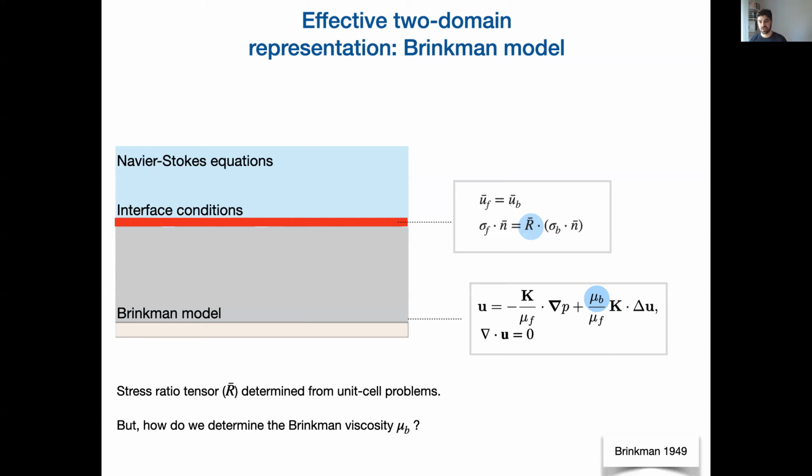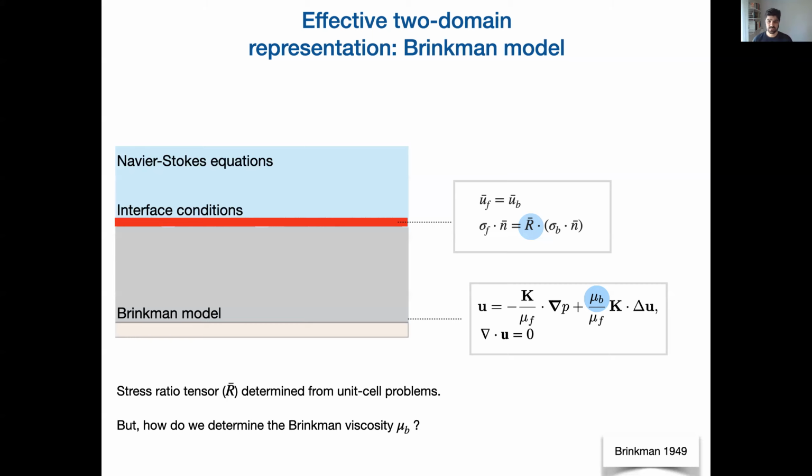And R here is a jump coefficient: if it's 1, there is a stress continuity. If it deviates from 1, you have a stress jump at the interface. So R, the stress ratio tensor, can be determined, similarly to the previous slide, from unit cell problems.